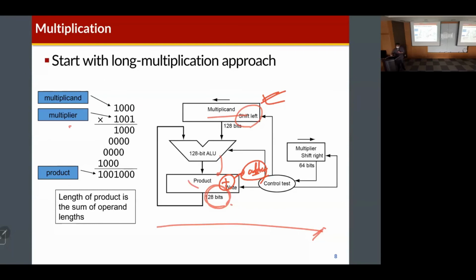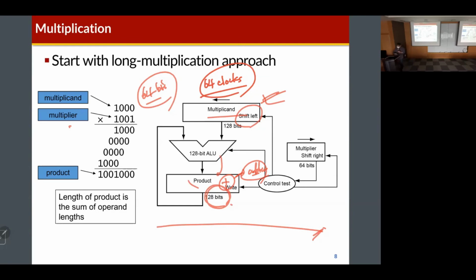So if we perform a 64-bit multiplication, it may consume 64 clocks. Right, so shift, add, shift, add, shift, add. It's not good for the performance.